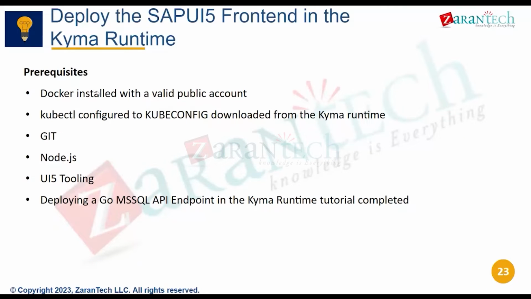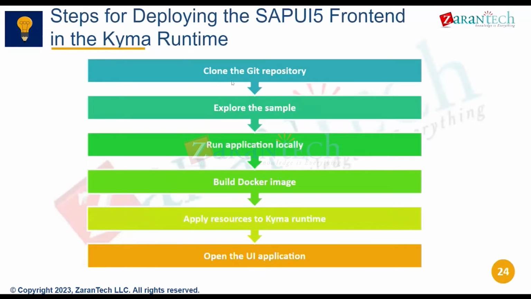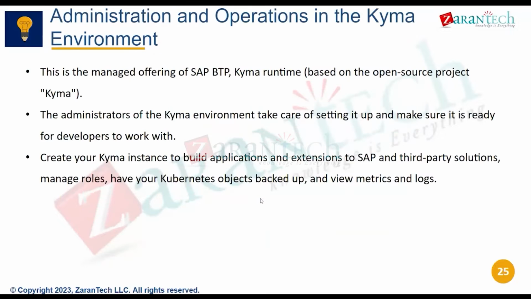Apart from that, we can also have the Kubernetes command line tools, which we can download and install, and deploying to MS SQL API endpoints. So these are our prerequisites. These two are common for CF as well. This is in general the steps we have.